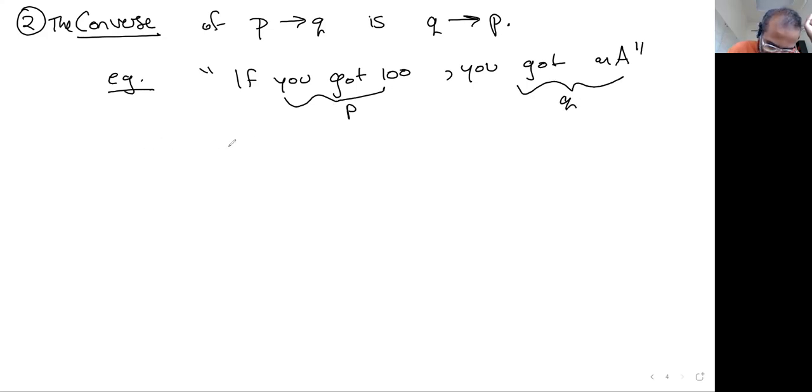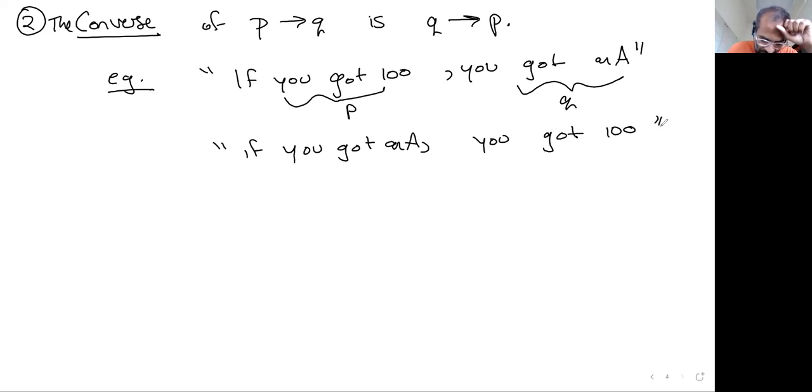And the converse is, if you got an A, then you got 100. So this is Q implies P. And not both of these things are true in the context of this class. It could be that you got an A, but you didn't get 100.